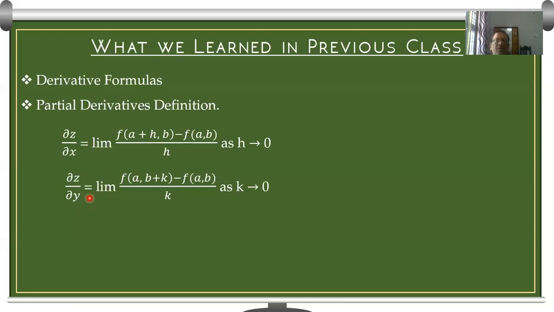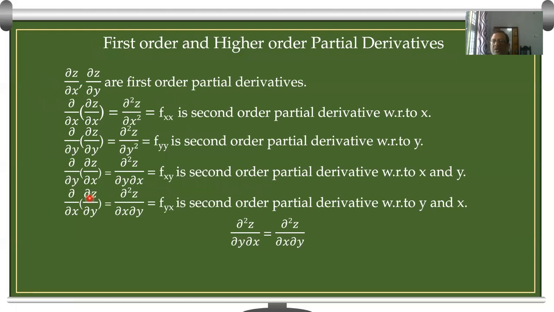Now, second order partial derivatives and higher order partial derivatives. Generally, dou z by dou x and dou z by dou y are called first order partial derivatives. If you take dou z by dou x and operate the partial derivative with respect to x, it becomes dou squared z by dou x square, also denoted by f suffix xx, which is called the second order partial derivative with respect to x.